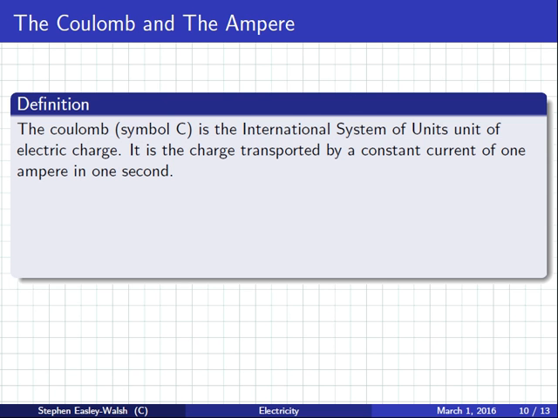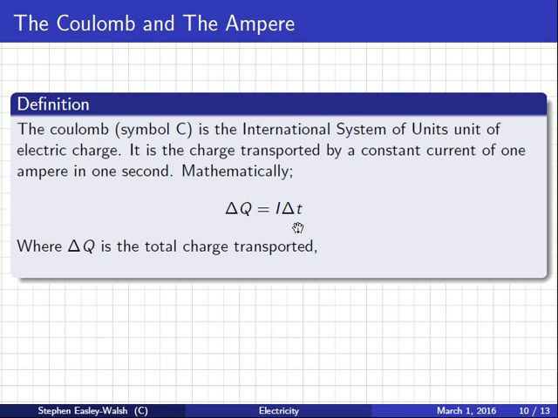Alright, have you got that? Because of this definition, we can actually get a nice simple formula that relates current and charge. So we can say the total charge, or the charge that you gain, is equal to the current multiplied by the time, where Q is the total charge, I is the current, and T is the time.